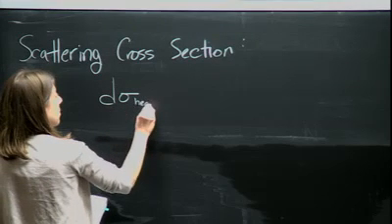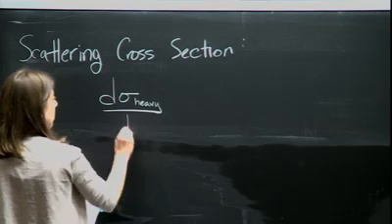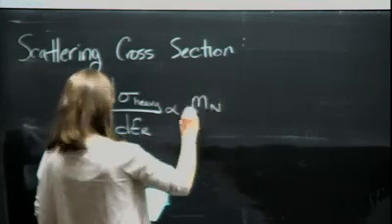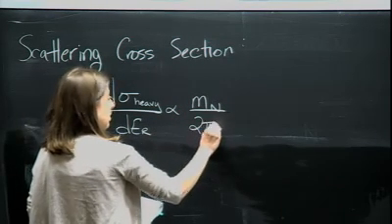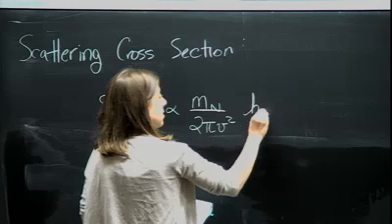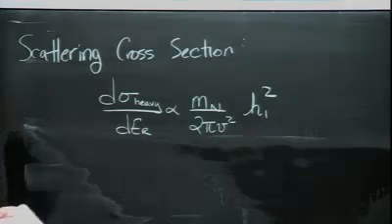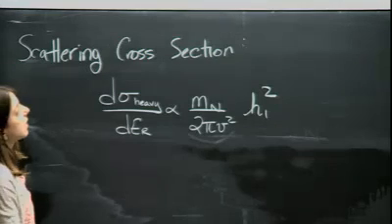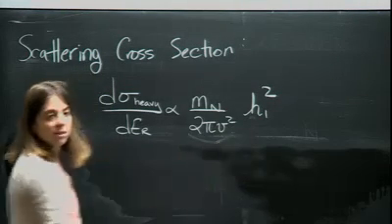So in the scenario where I have a heavy mediator, the effective potential is going to look like this. So these are just the constants that go out in front. And then this H1 is coming from the effective potential.